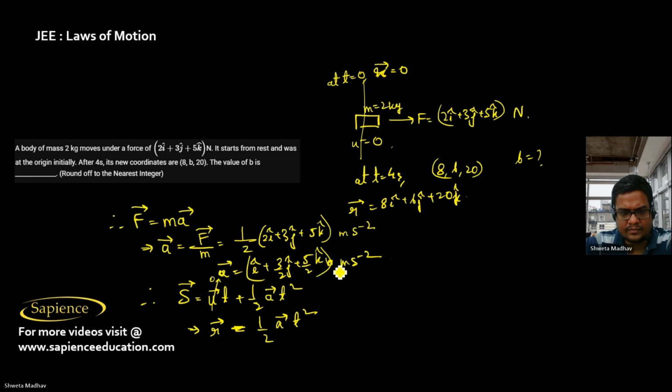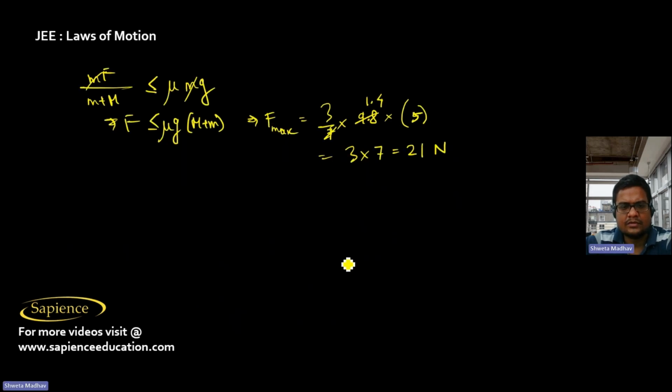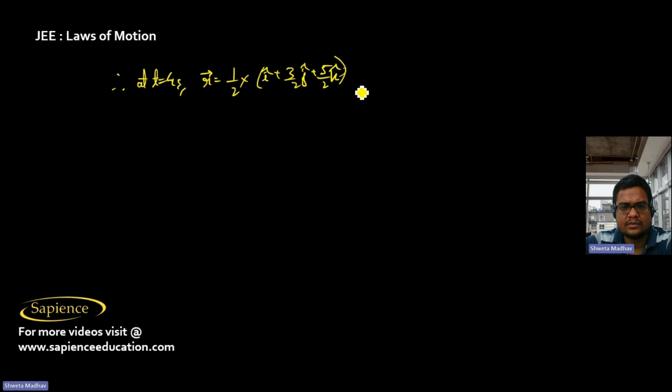So this is half into a into t square. Now t square is 4 square. The r vector will be equal to half into 2, 8 is 16.